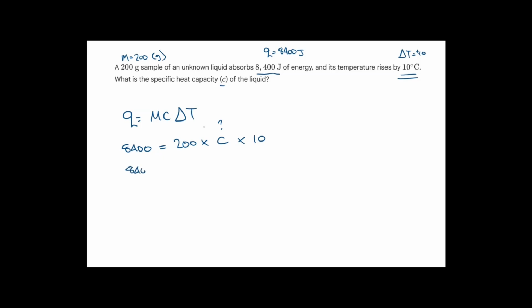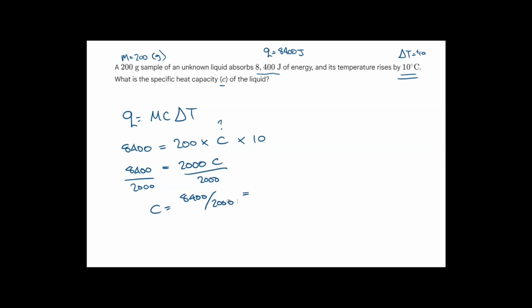So 8,400 must be equal to 200 times 10, 2,000 C, and now we're solving for C. So we're going to divide both sides by 2,000.